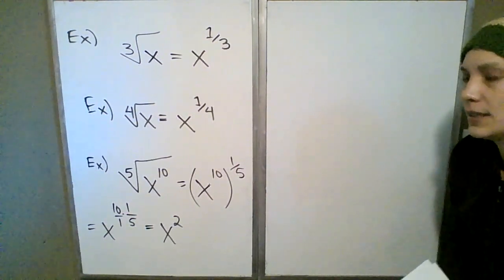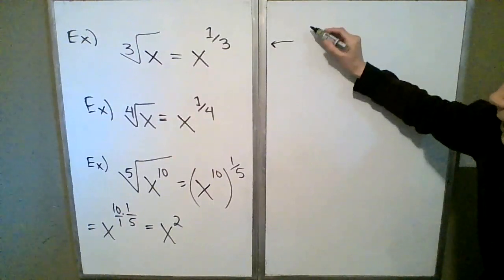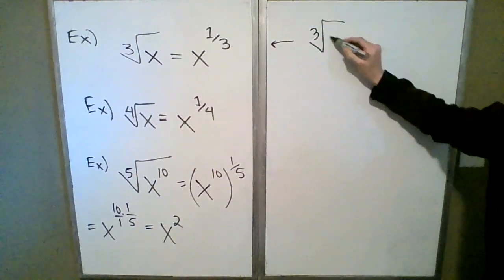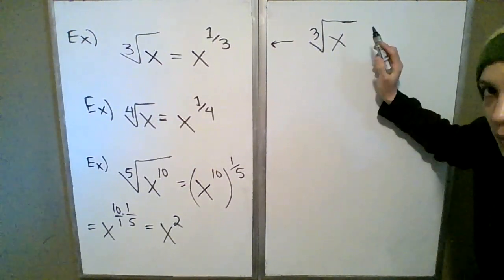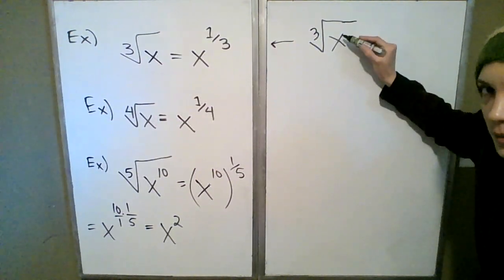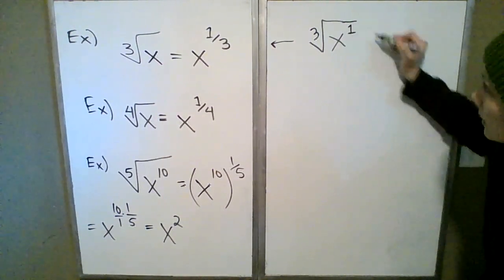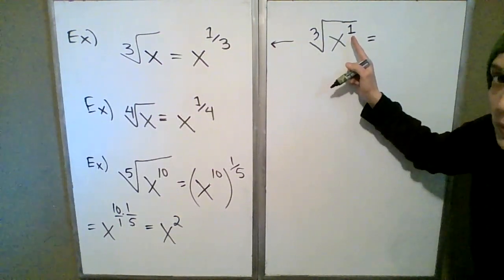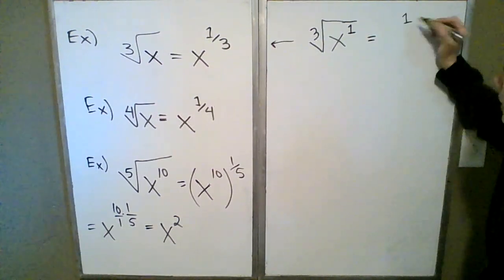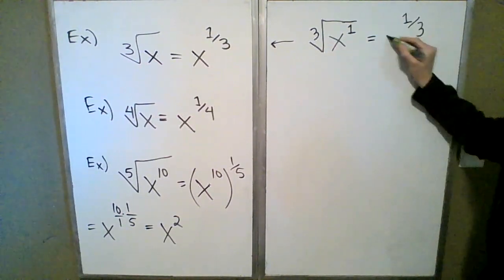Let me take this part here. There's a cubed root of x. One way to look at this is that this value, or any value under here, has a power of 1. You take the power, and that goes in the numerator. That's my 1. And the root always ends up in the denominator, so it's the 1/3 power of x.